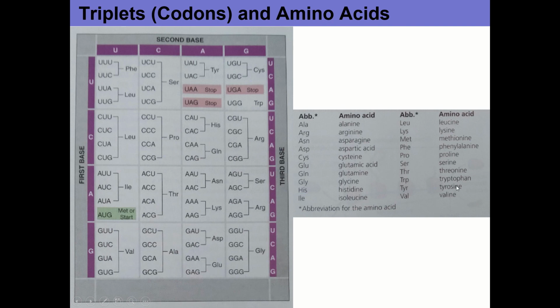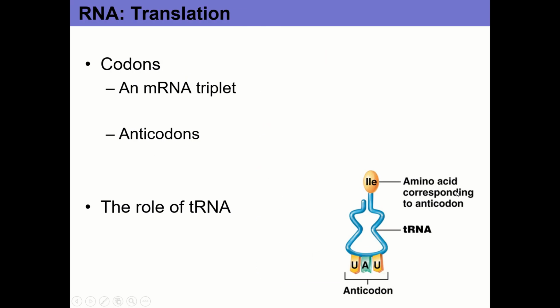So that particular amino acid is tyrosine, and this transfer RNA is only going to go and attach to tyrosine. So the transfer RNA has anticodons, which are a nucleotide sequence that corresponds to particular amino acids.